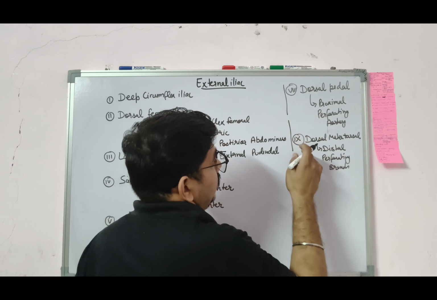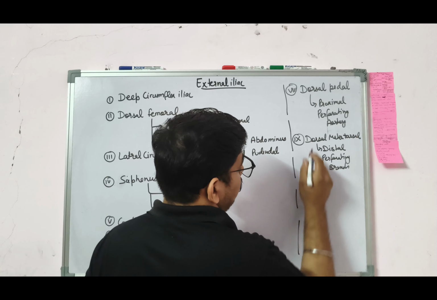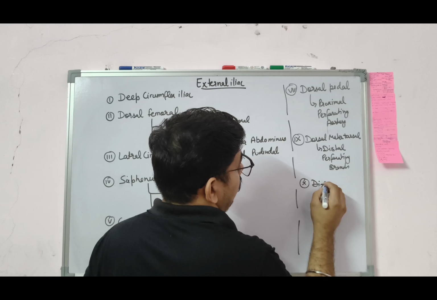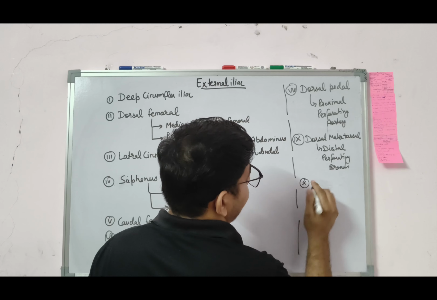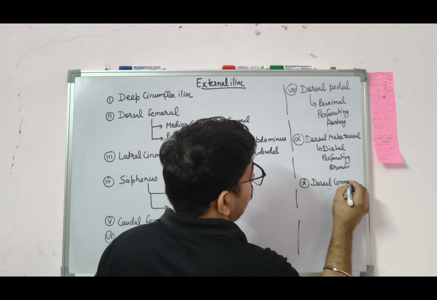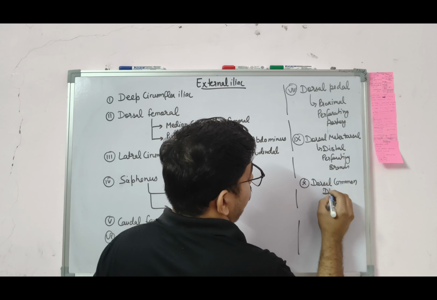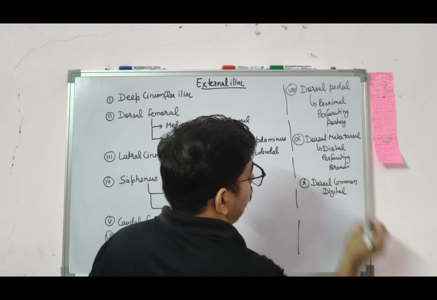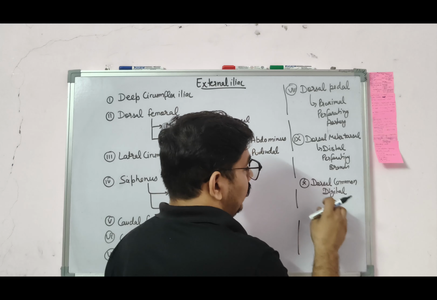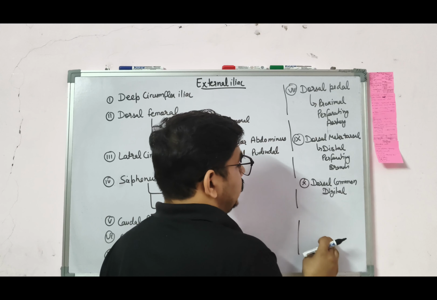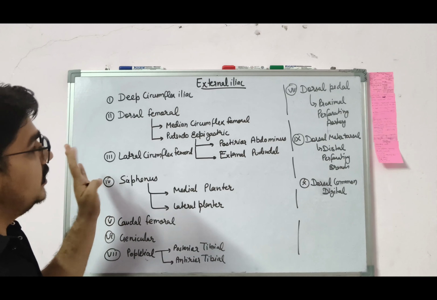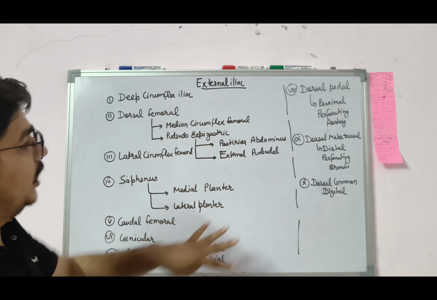Now this continues, the dorsal metatarsal continues to the dorsal common digital. The dorsal common digital then bifurcates to the digits and supplies them. Now this is the overview, or theoretical part.